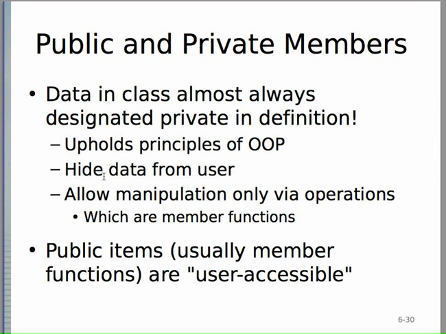We use information hiding, and we only allow manipulation via the operations. We keep our data structures coherent by doing that. If we know what operations are going to be used and we force all data members only to be used by the operations we supply, we have much more control over how these objects work, and so we can eliminate bugs and things like that.